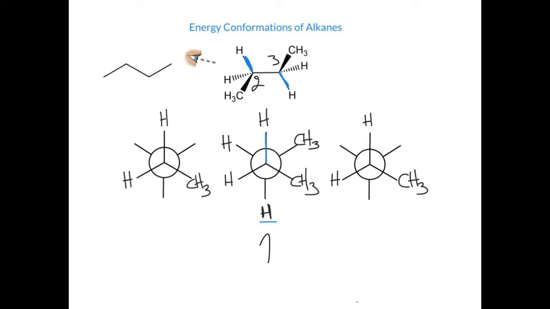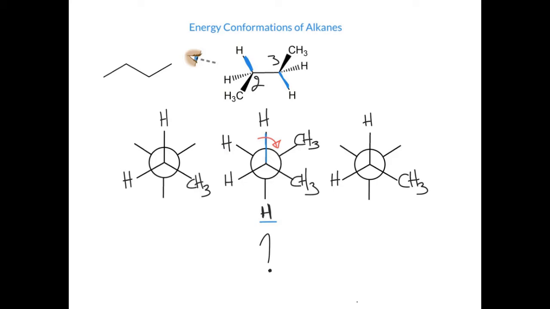The question we have to answer here is if this conformation will be the most stable or if there are going to be other conformations that will be more stable. To answer that question, we're going to keep the front carbon stationary and rotate the back carbon clockwise.